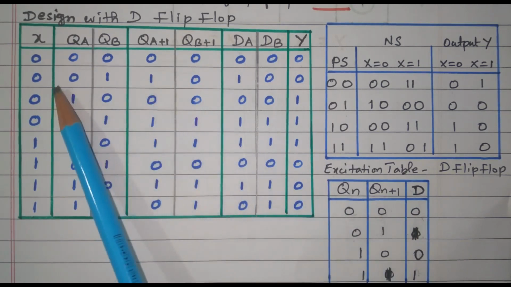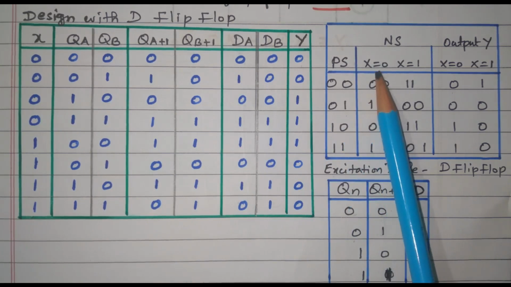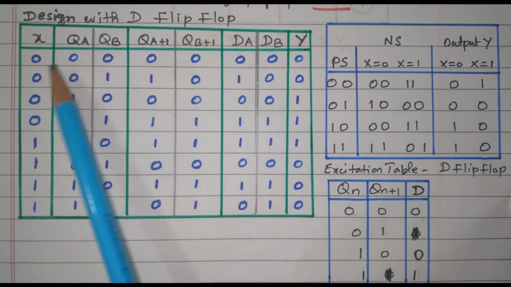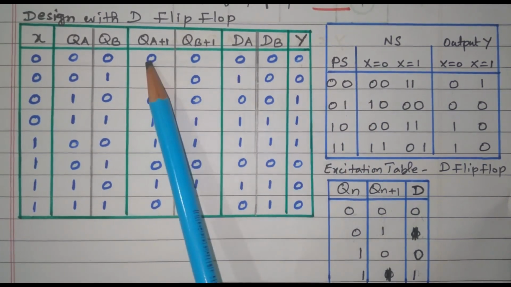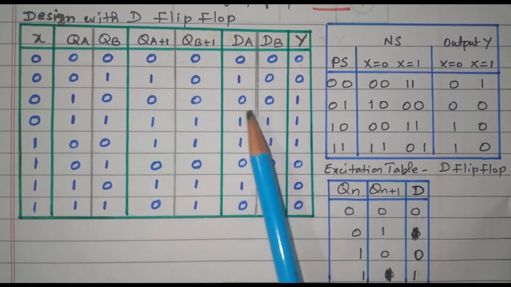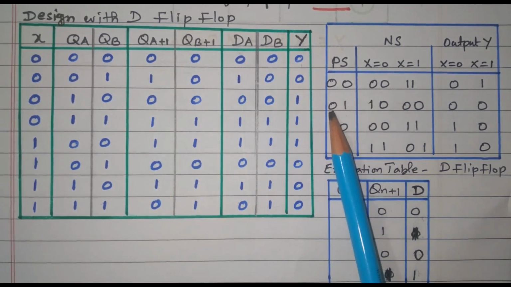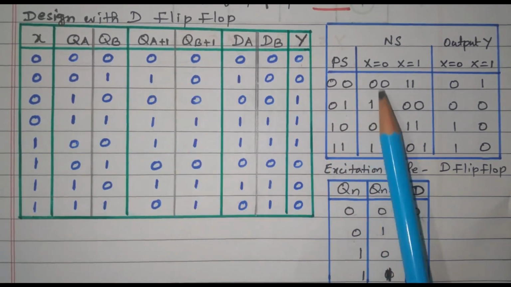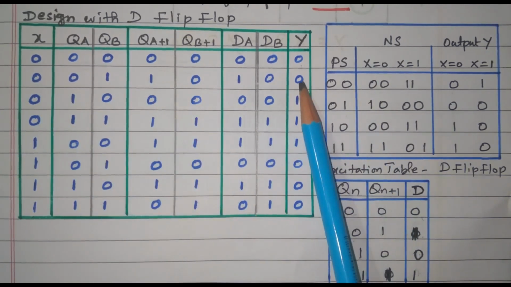Okay. Now, we will see the remaining terms. 0 0 to 0 0, input is 0, output also 0. What is the D input? That is nothing but the next state. Then 0 1 to 1 0, input is 0, output also 0.